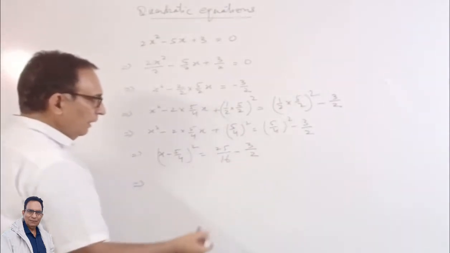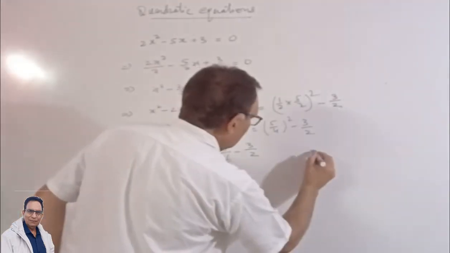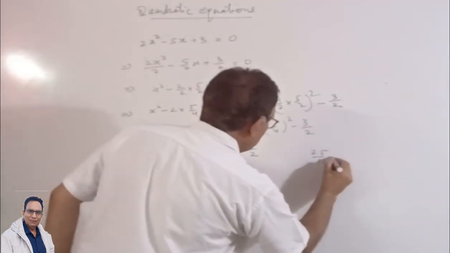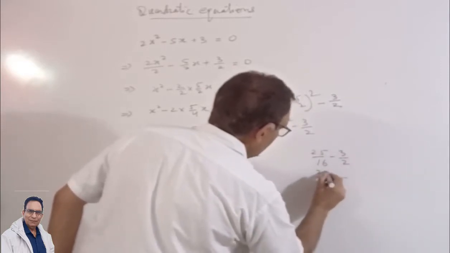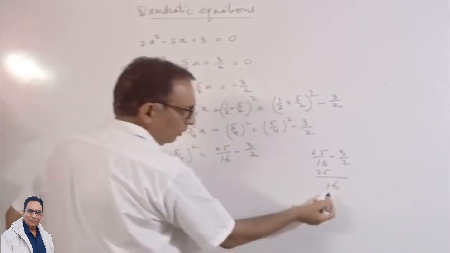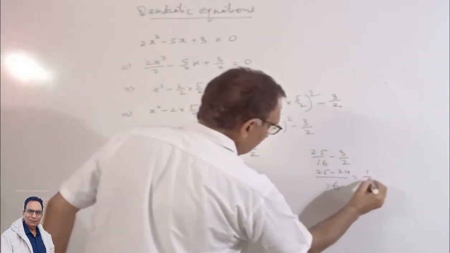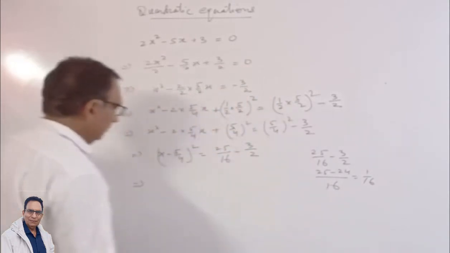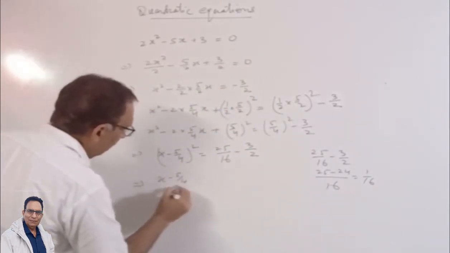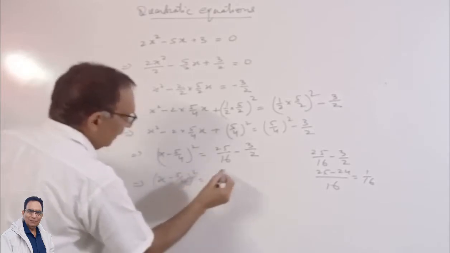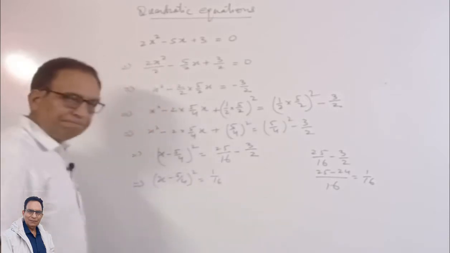LCM is 16, and separately you can do it if you want. 25 over 16 minus 3 over 2, LCM is 16, so 16 divided by 2 is 8, 8 times 3 is 24, 25 minus 24 comes to be how much? 1 over 16. So writing it, x minus 5 over 4 raised to the power 2 is equal to, you have solved this part, it is coming 1 over 16.